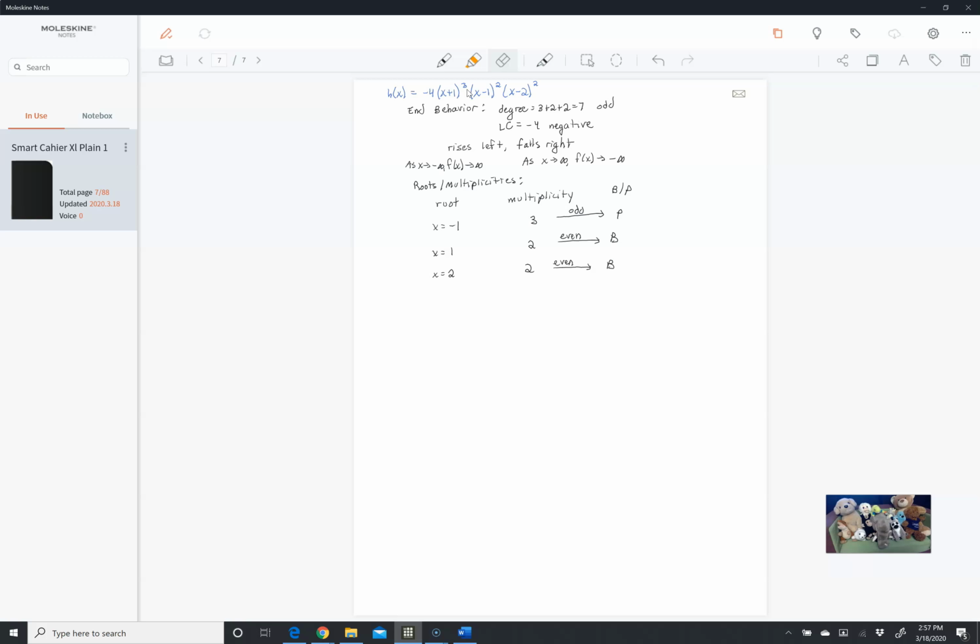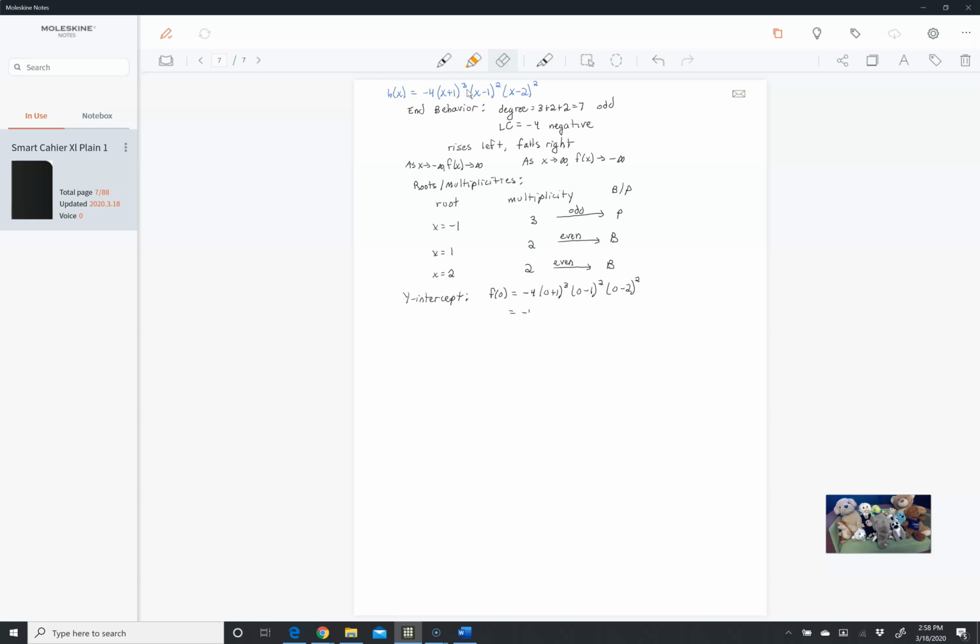And finally, we can look at the y-intercept. So that's f of 0. The y-intercept is when x equals 0. So we have -4 times (0 plus 1) cubed times (0 minus 1) squared times (0 minus 2) squared.